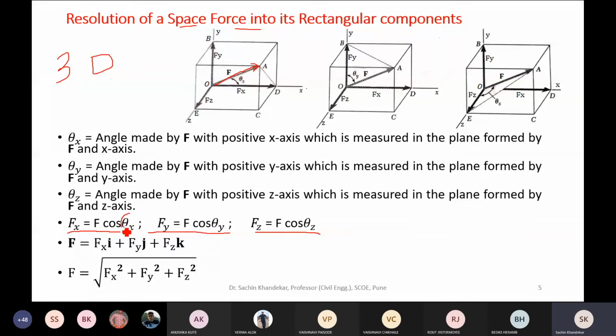Here the definitions of theta x, theta y, and theta z are very important. For example, what is theta x? It is the angle made by the force vector F with respect to the positive x-axis, measured in the plane formed by that force and the x-axis, and similarly for theta y and theta z. Yesterday we have seen this.